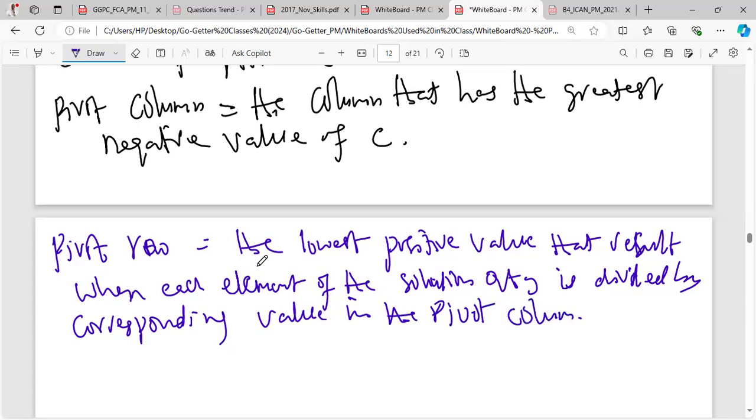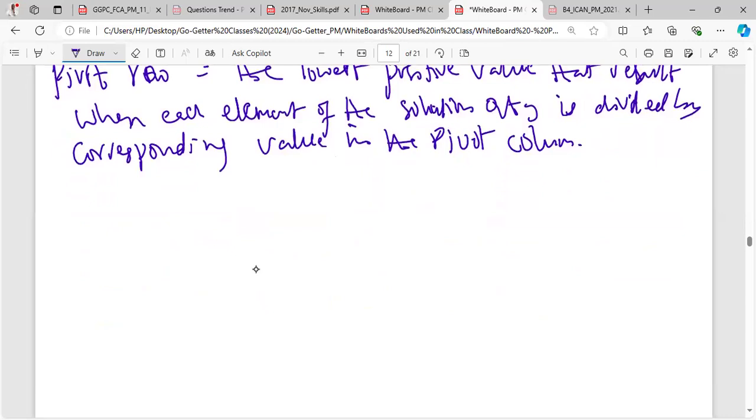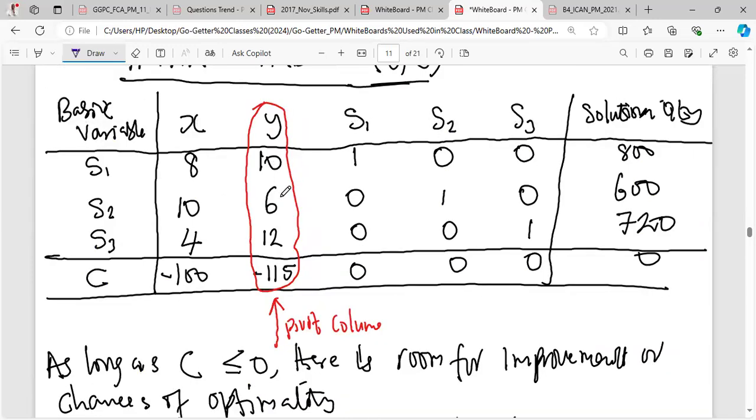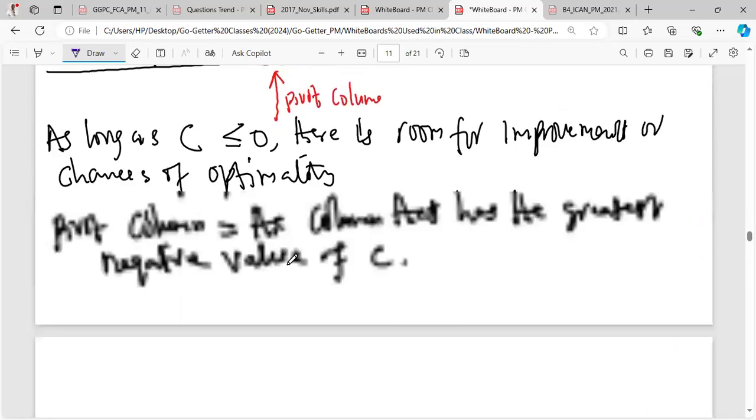So what we are going to do here is this. This is our pivot column, right? And this is Y, right? Y is the pivot column, and we say this is 10, 6, 12, 115.